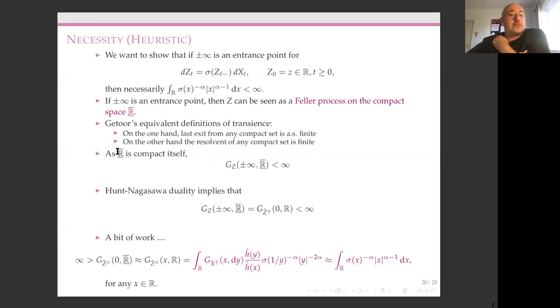And in fact, because this space is compact itself, we could say that must mean that the resolvent of the SDE, well, I should have a dagger here, the SDE killed on hitting the origin, is finite over the whole domain because the whole domain is compact.